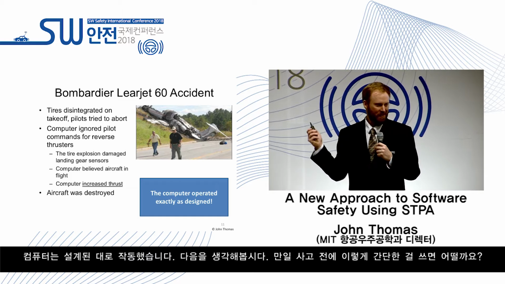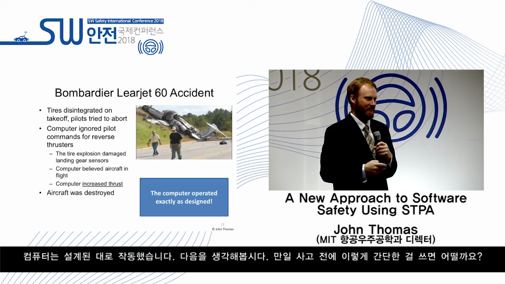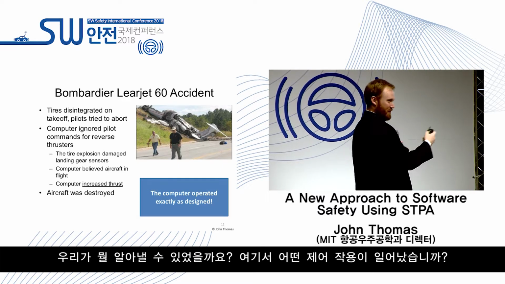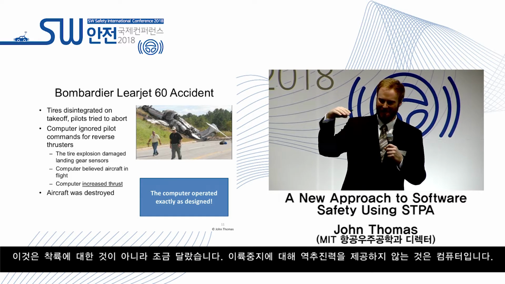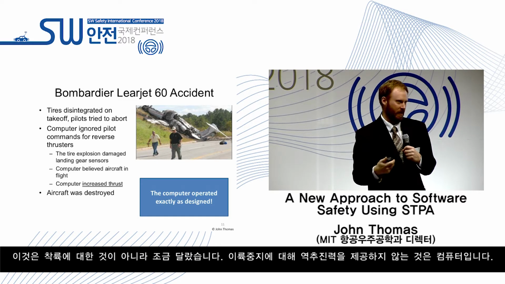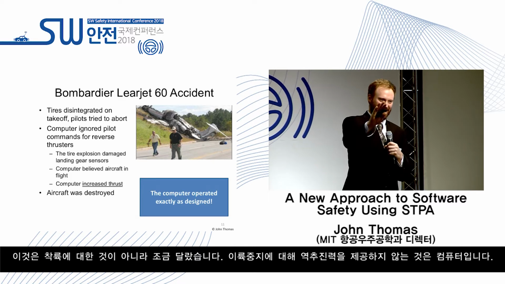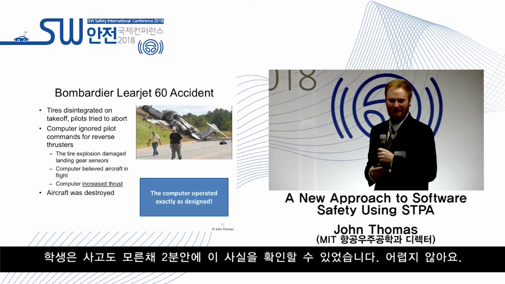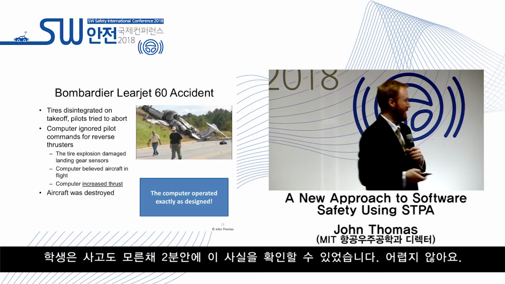Let's try this. What if we used something as simple as this before the accident? What could we have identified? What kind of control action happened here? It was not on landing, slightly different. The computer did not provide reverse thrust on a rejected takeoff. A student could identify this in 2 minutes without knowing the accident. This is not hard.